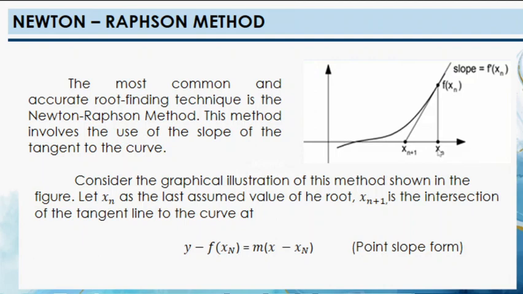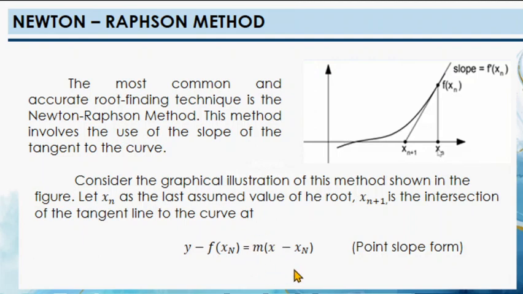So, we will let x sub n as the last assumed value of the root. x sub n plus 1 is the intersection of the tangent line to the curve at this equation. So we have the point slope form for this one: y minus f of x sub n is equal to m multiplied by quantity x minus x sub n.